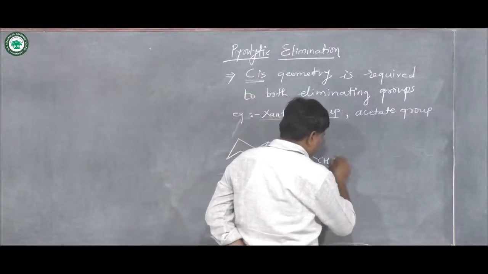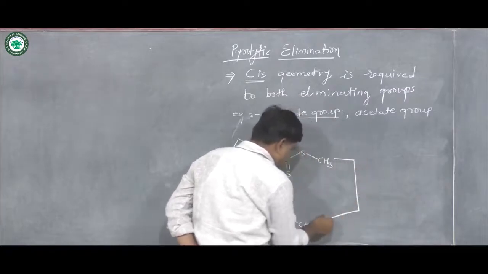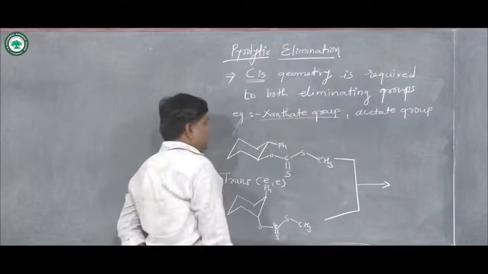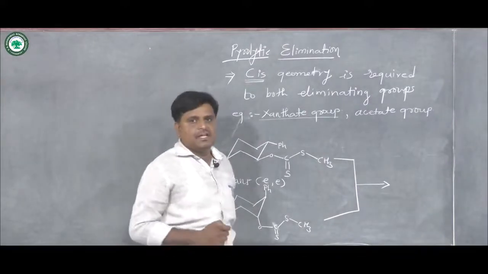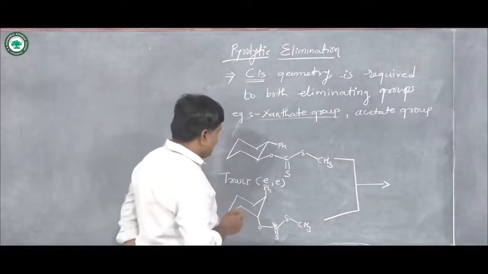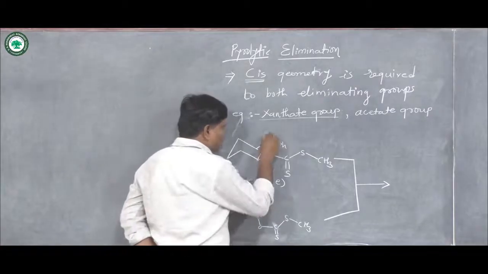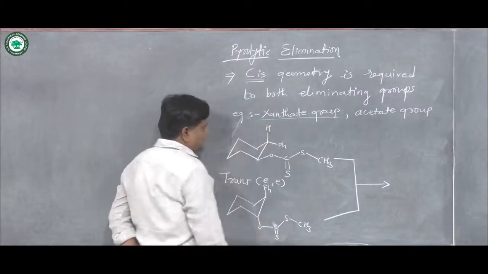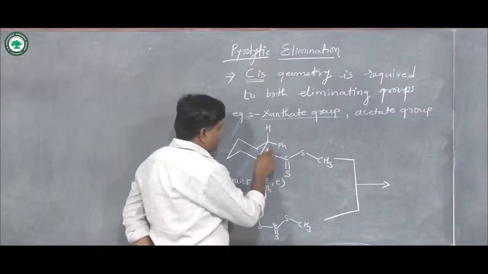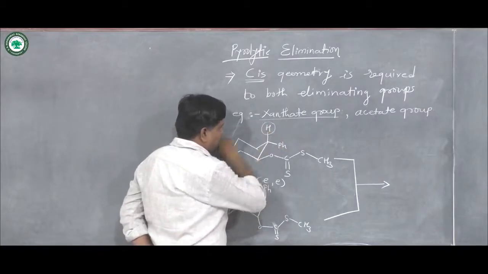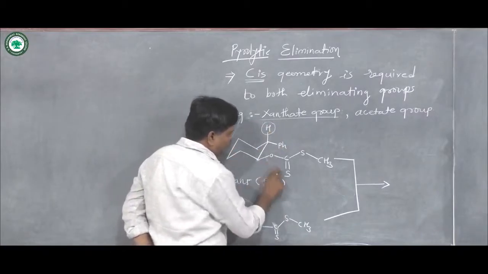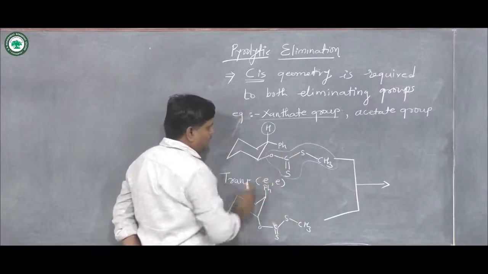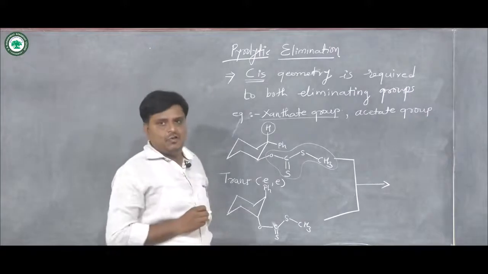Here we already saw the pyrolytic elimination requires cis geometry, and here the proton from this carbon atom which is abstracted, this eliminating group proton and this xanthate group both have cis geometry.